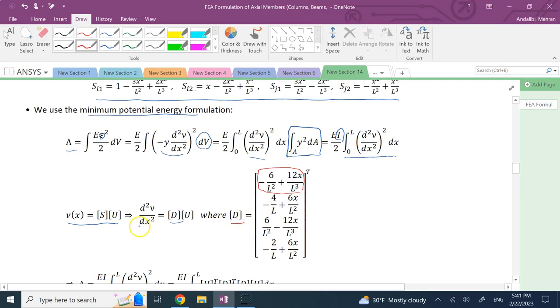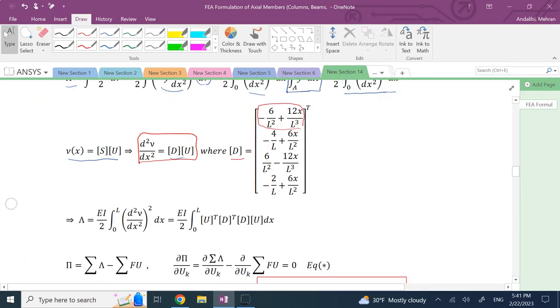And so the second derivative of nu with respect to x, I write it as du. So what I need to do here is to plug the du and square it. And since these are matrices, in order to square them, I multiply transpose of it by itself.